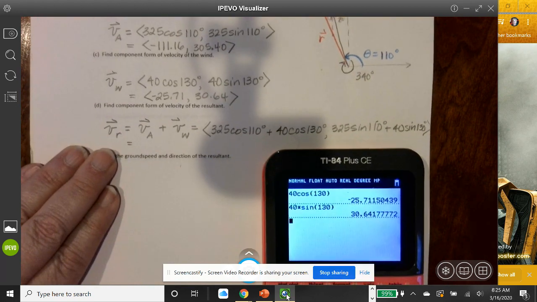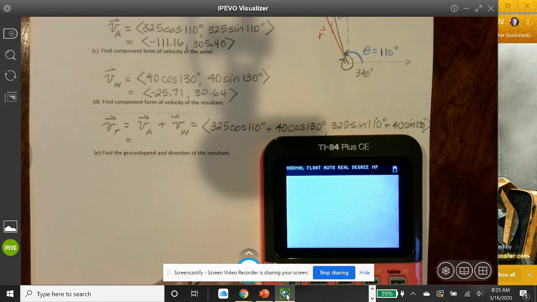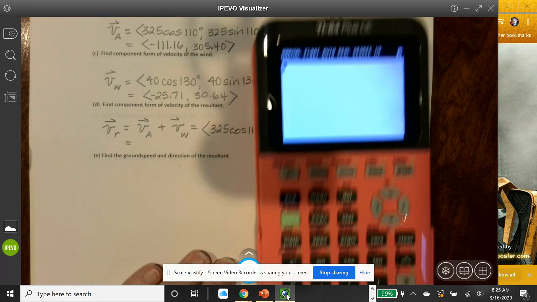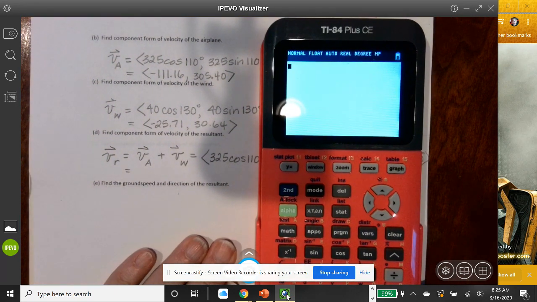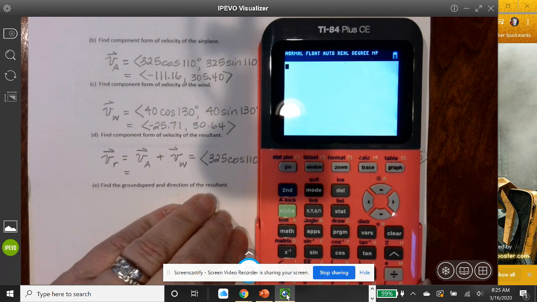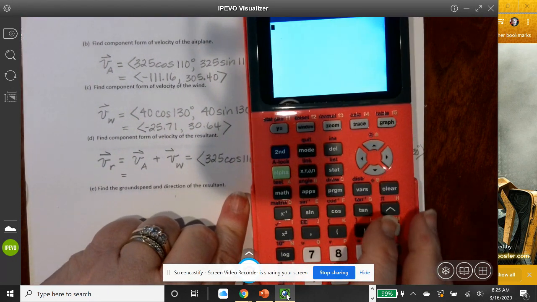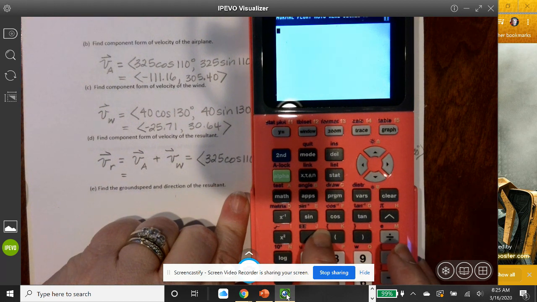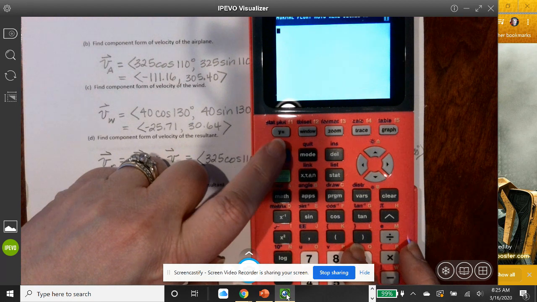Now, I'm going to do a really quick lesson on adding and subtracting vectors on the calculator. Believe it or not, you can write a vector on the calculator by using the curly braces, which are above the parentheses, using the second button.